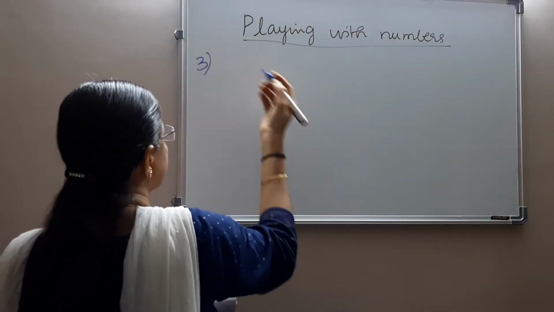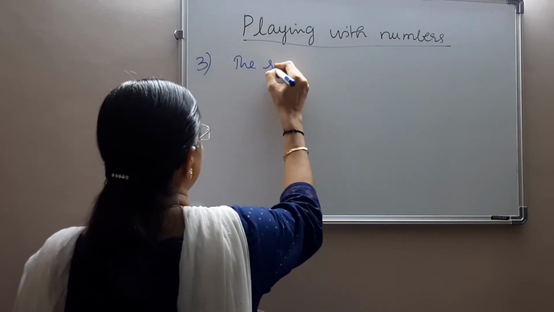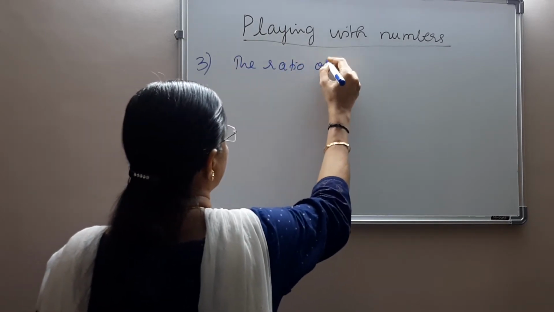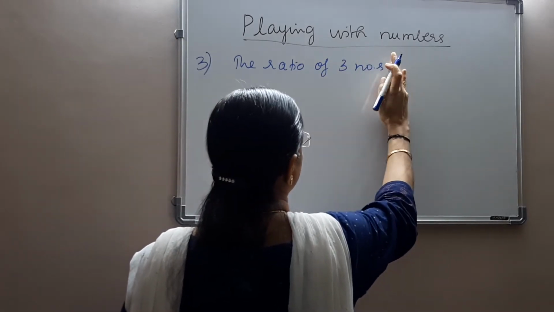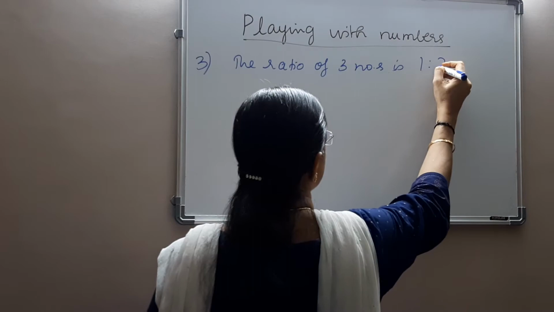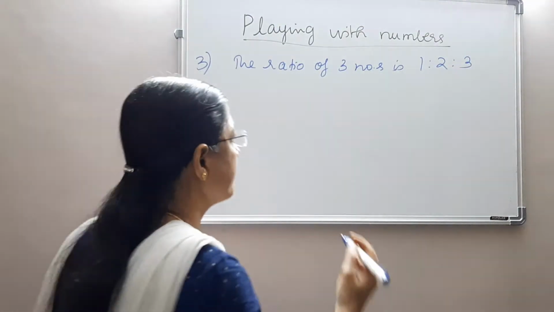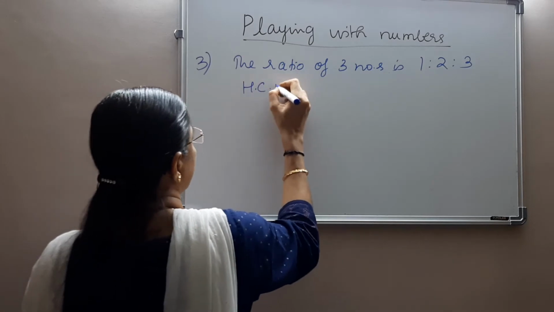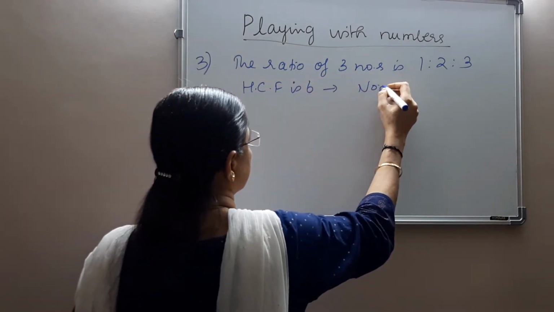The next type of sum we are going to see is the ratio. The ratio of three numbers is 1:2:3. So three numbers are in the ratio 1:2:3, and their HCF is 6. How do we find the numbers here?